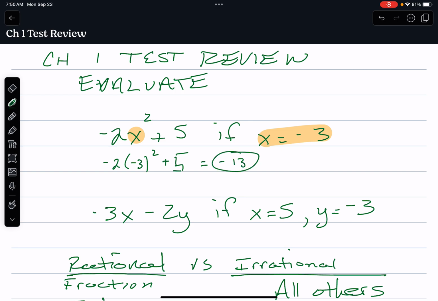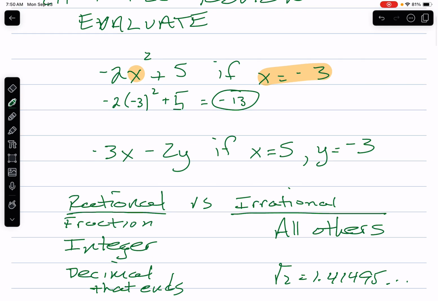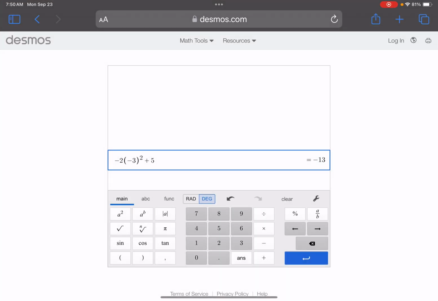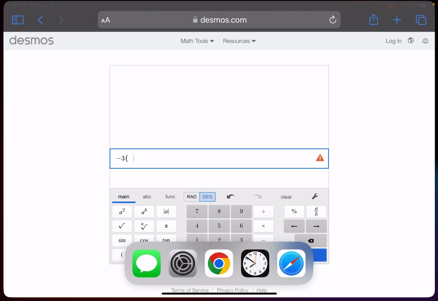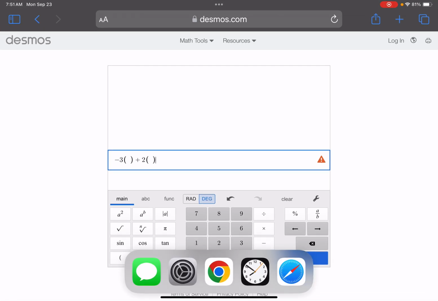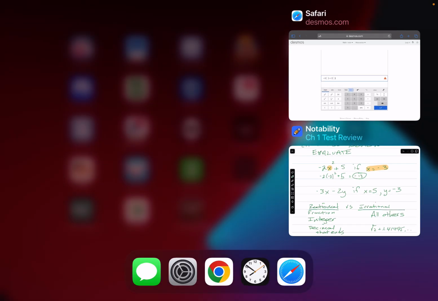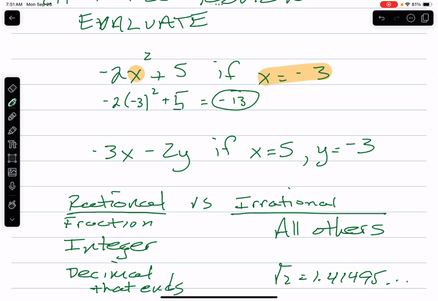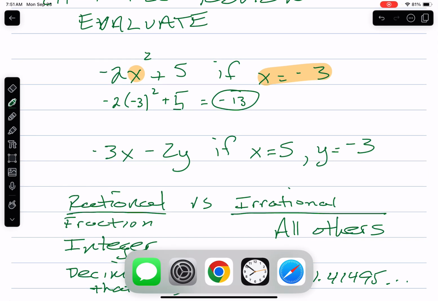Okay, same thing, -3 times x minus 2 times y. So we're going to clear. -3 parentheses plus 2 parentheses. I'll come back here. I'll try and figure out what we're punching in. -3 times 5, -2 times -3.